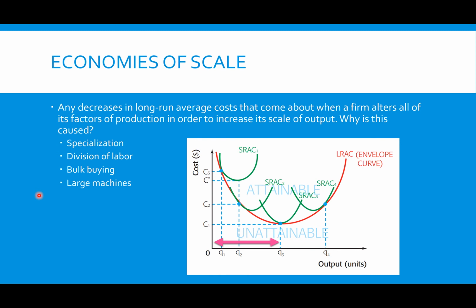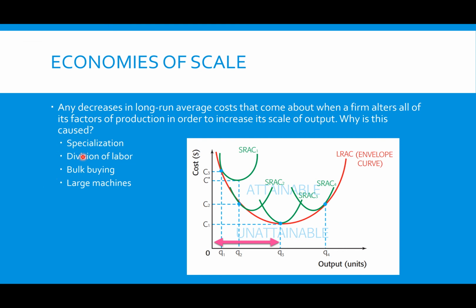But say they hire more employees, and now the manager can specialize in his job, maybe accounting. There might be a marketing department, there might be production workers. So their work is specialized, and their efficiency increases. They become more professional with what they're doing. Because of this specialization, now the variable costs will decrease.